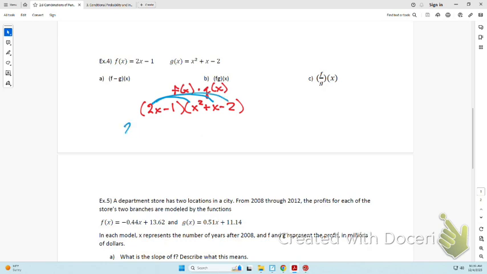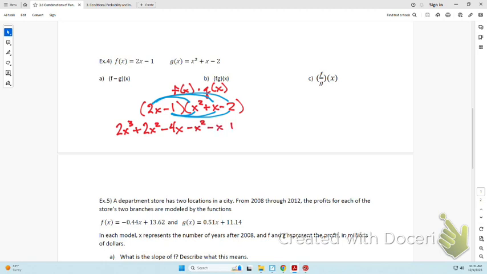Let's go back to red. And then we're going to go -1 times that, times that, times that. So be really careful with your exponents and with your signs.